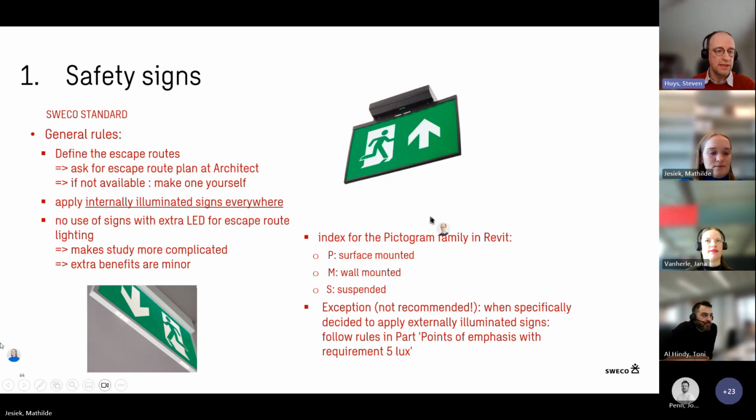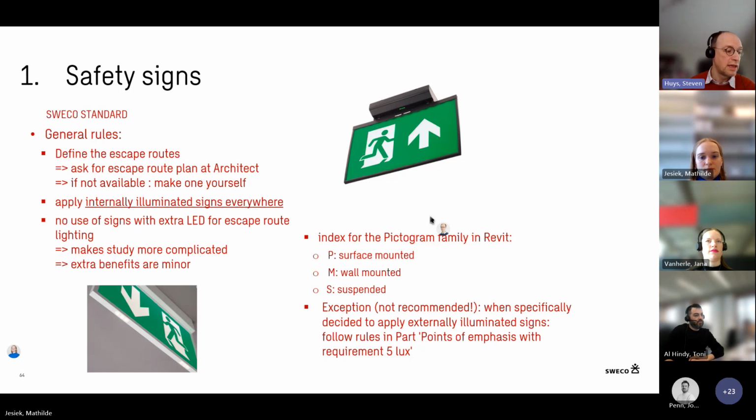First about the safety signs. The general rule is to ask the architect for an escape route plan. It's not always available. If not, then there's no other option than to make one yourself. It's not rocket science. You have to look at the fire compartments. If there are less than 100 people in a fire compartment, then you should have one escape route.